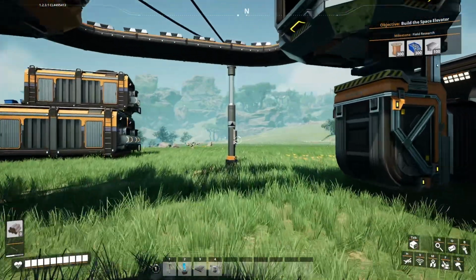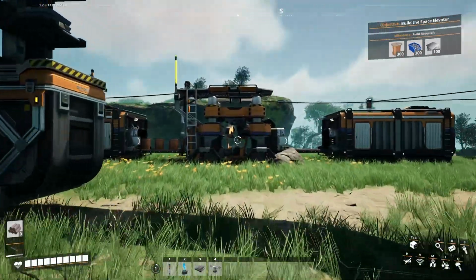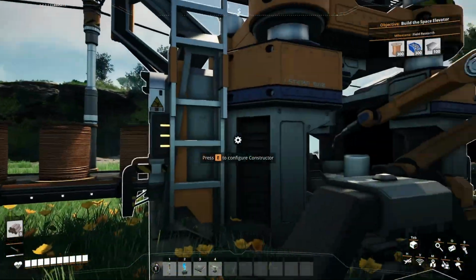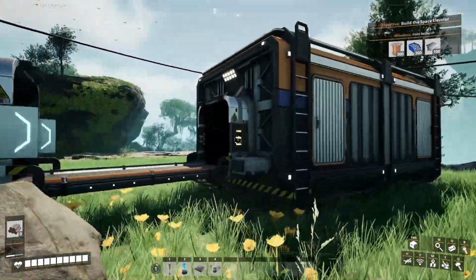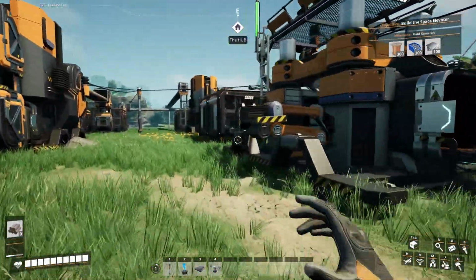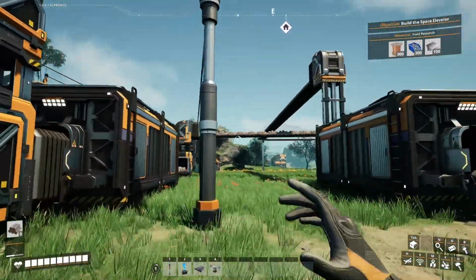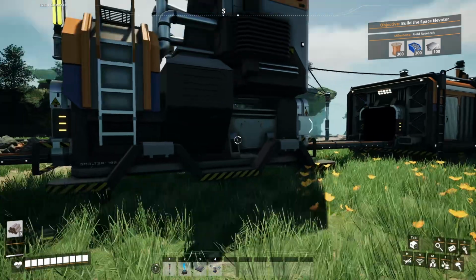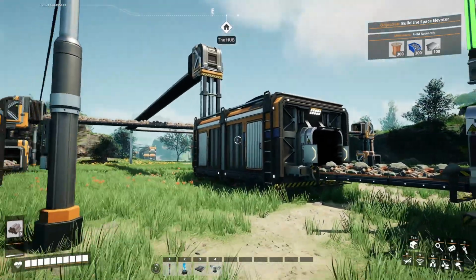Okay, what is the power consumption at? 21.3 out of 40. But I only have 2 of my 3 generators turned on. I think we can support this to go ahead and start producing cable. Matter of fact, we could probably start dealing with some of this copper ore as well.